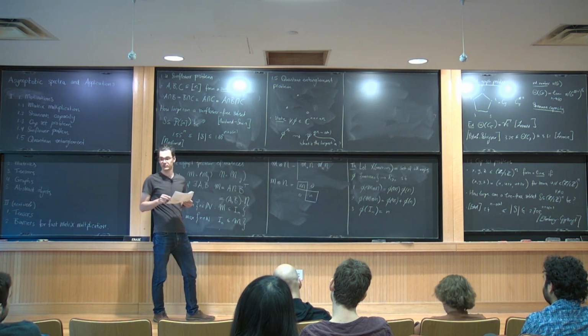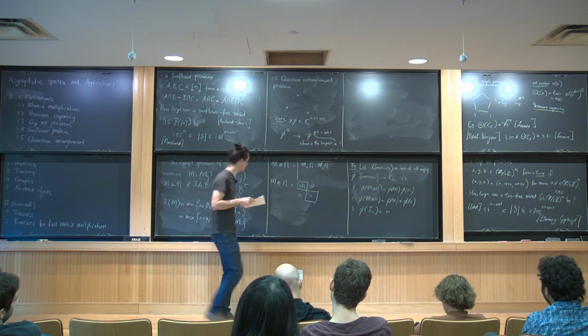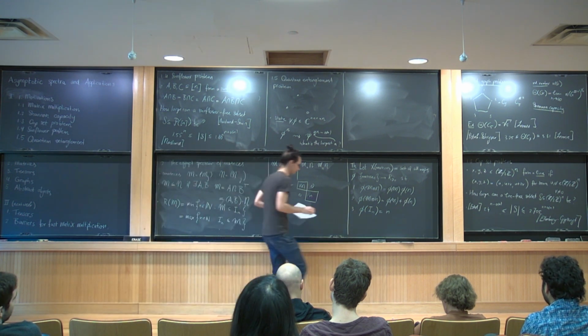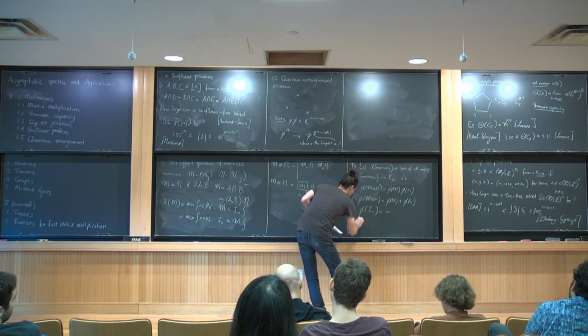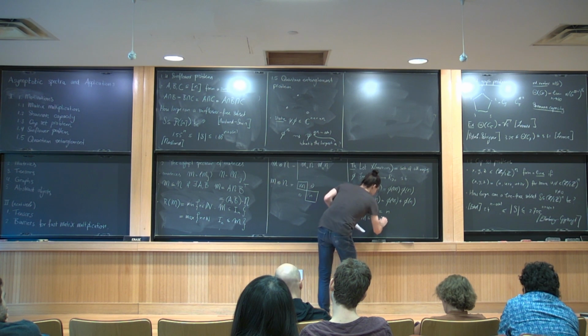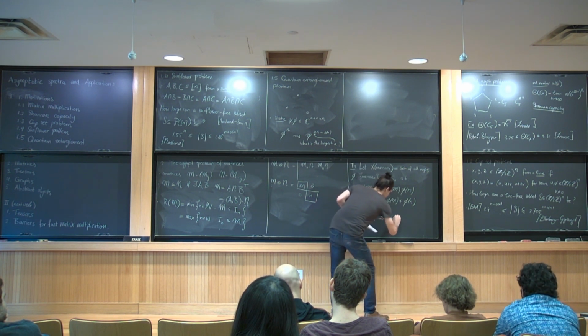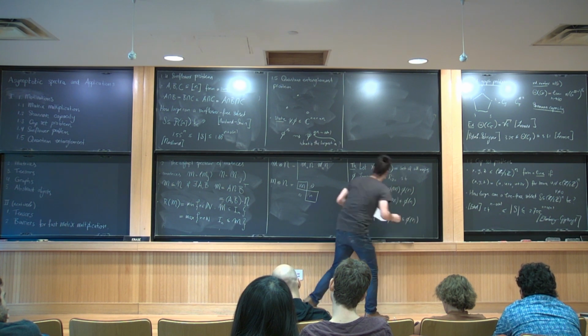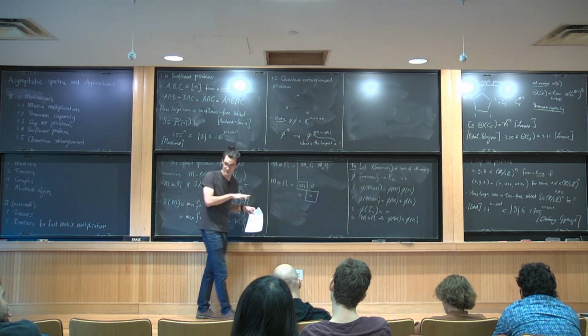And I want phi to be monotone under my relation that I defined here. So if M is smaller than N, then I want phi of M to be smaller than phi of N. So that's the definition of this set.